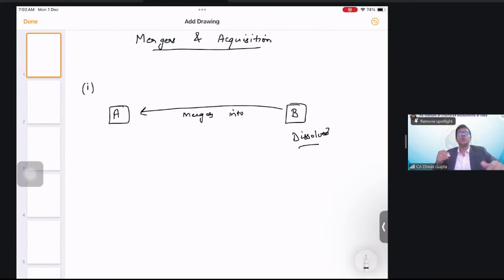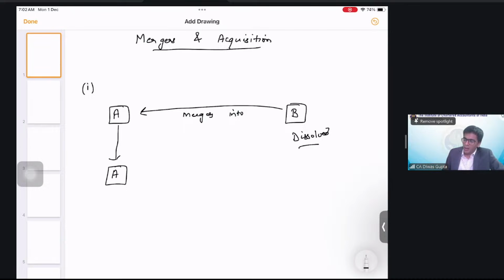So B will lose its own legal identity, and it will get dissolved into A. So now B does not have its own identity, only A's identity will be there. Now A will continue with its own business as well as the business of B, students. Clear?